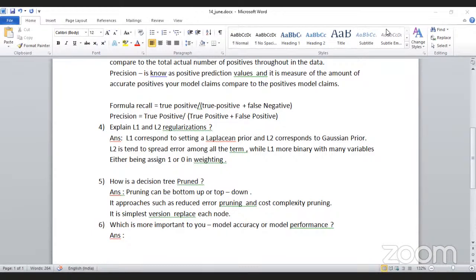So it can be your choice, like what you want for the model, it to be more accurate, or performance should be. What is important to you?